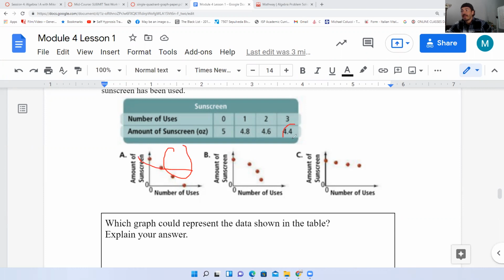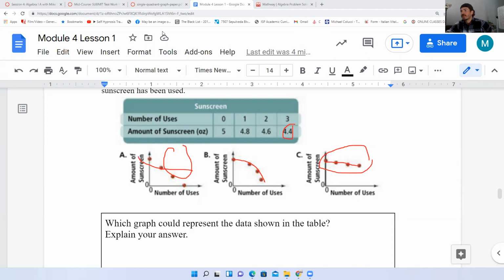In B, it doesn't look like they're using it evenly. Each time they use it, they use a whole lot more because it's dropping increasingly dramatically. So it's not B, but C looks like a good choice. It's a nice steady decline, and there's still a lot left at 3.